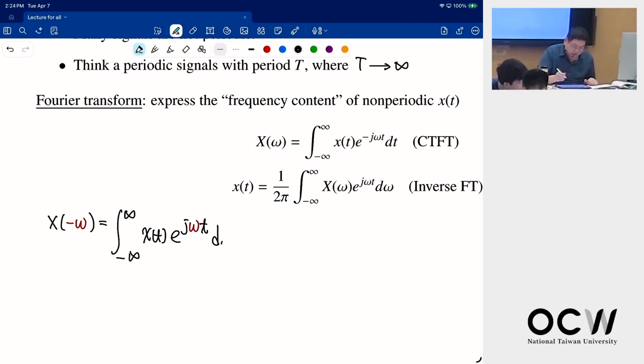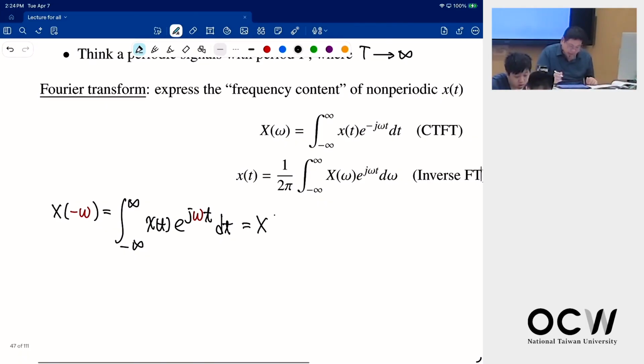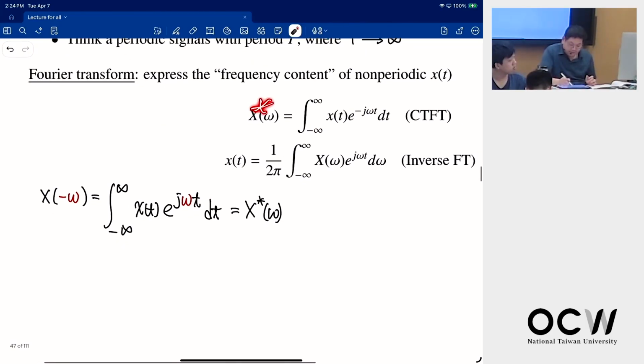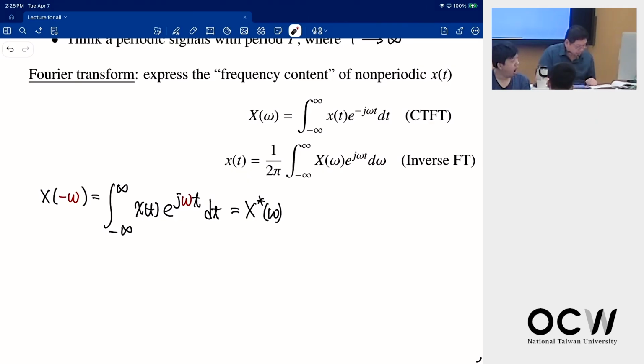This will be the Fourier transform conjugate. Same Fourier transform, but we do the conjugate, so you have e to the j omega t, and this equals x of minus omega.